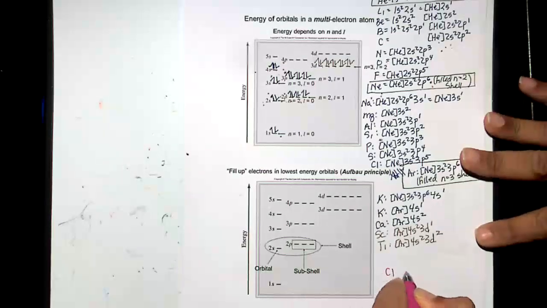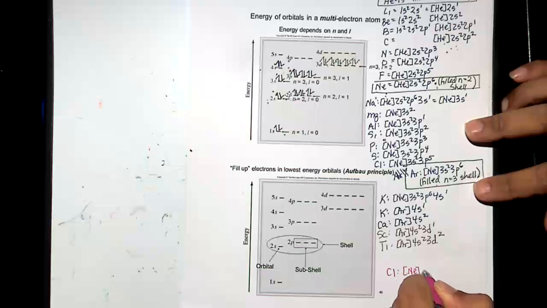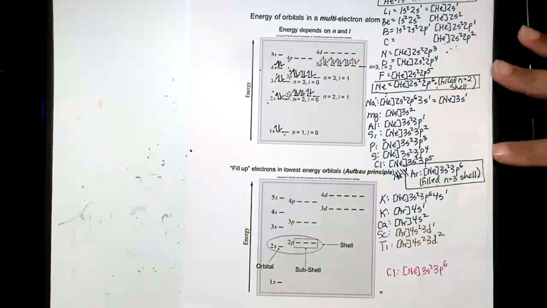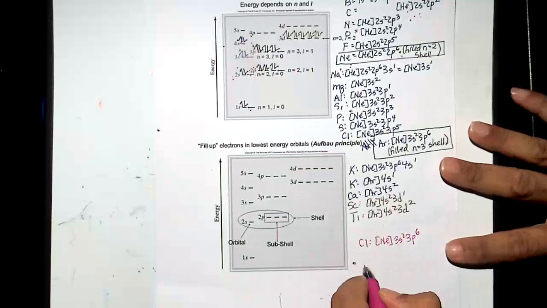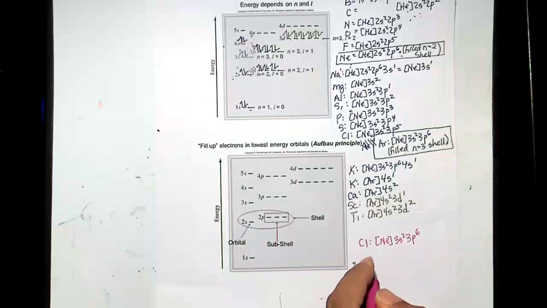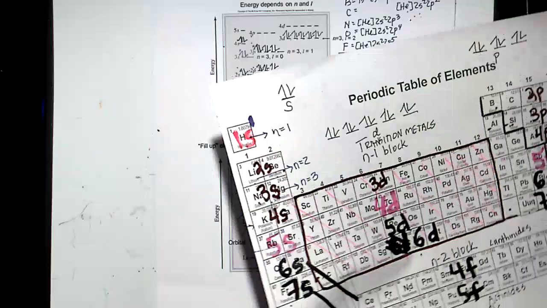we'll do the electron configuration of chlorine, which is neon 3s2 3p5. Now let's do the electron configuration of Cl minus. What's the electron configuration of Cl minus?